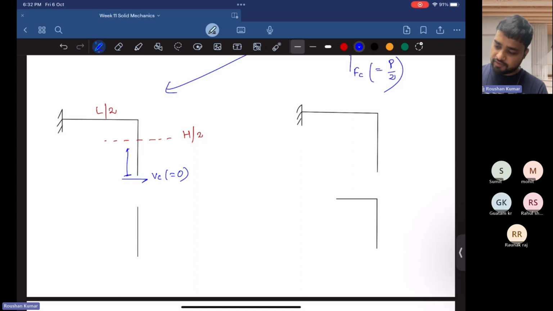From here we are taking a section at a distance x from the endpoint, that is at point C, and here we know force Fc is acting.